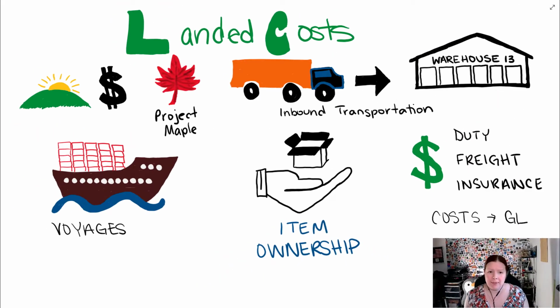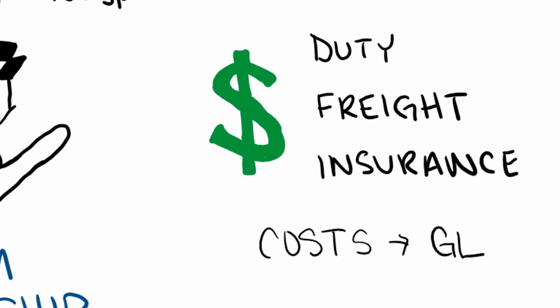Now, when we think about costs, they are really important. And after all, it's called landed costs. When you create a voyage in the new landed cost module, your costs can be automatically added based on configurations that you define. These costs are set up inside of the landed cost module, and various cost options and cost bases are available for each of those costs that you define.